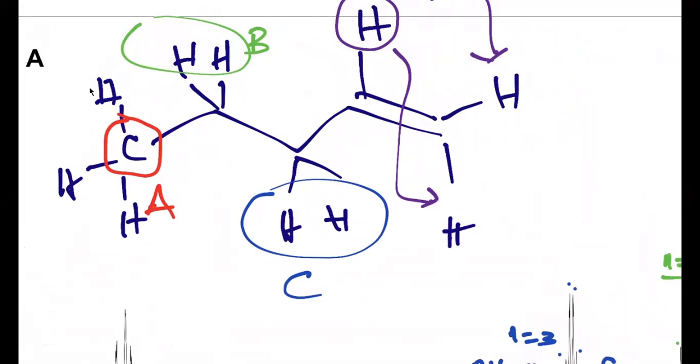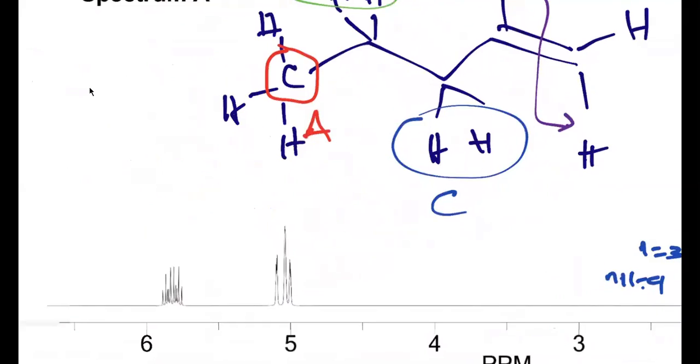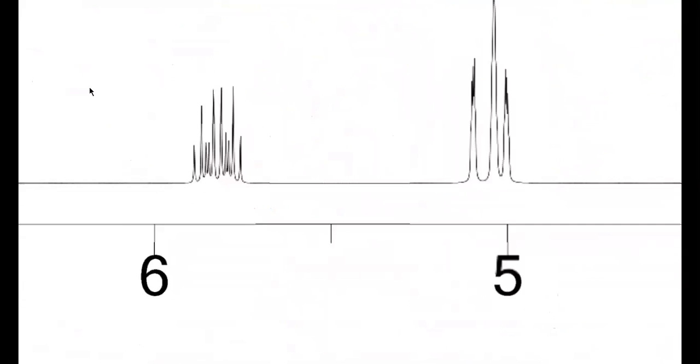So what you're going to end up getting is a complex splitting pattern, right? I think it's M plus 1 times N plus 1. This is 3 and 3. It's going to be something like 9 lines or something like that. But suffice it to say, it's going to be buried under here. So this is actually more than 1 signal, right? That's 2 signals kind of on top of each other.